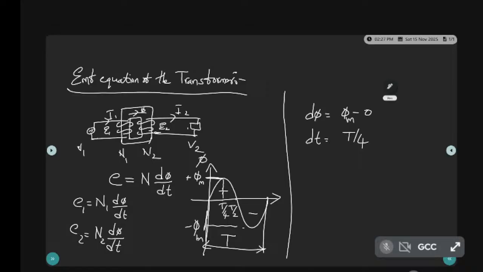So we are getting this maximum value with respect to T by 4 time. That is dφ/dt. Now take any one equation. So this is the average induced EMF in the transformer.